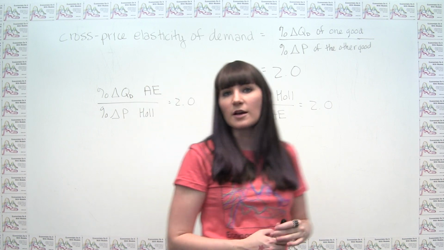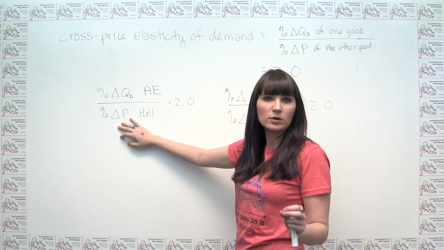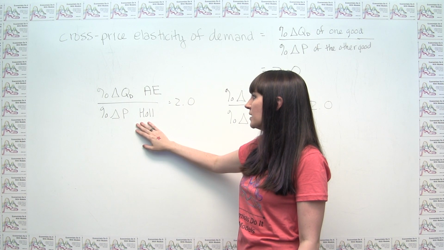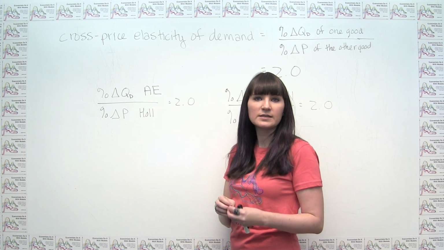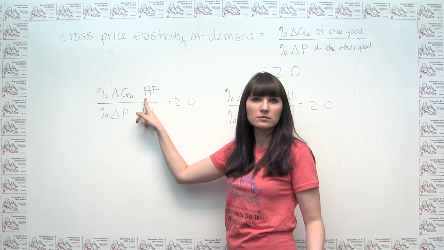This statement on the left is saying that all else being equal, if prices at Hollister went up by 1%, there would be a 2.0% increase in the quantity demanded at American Eagle.